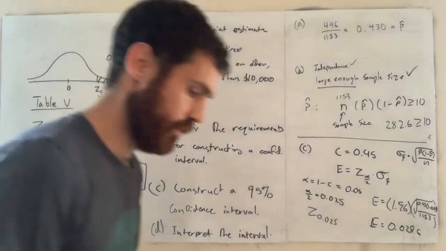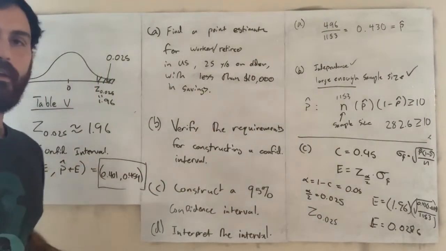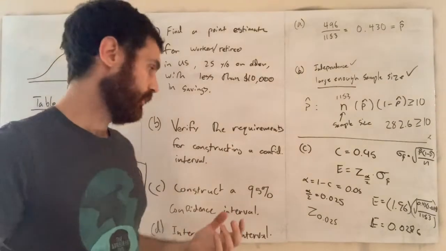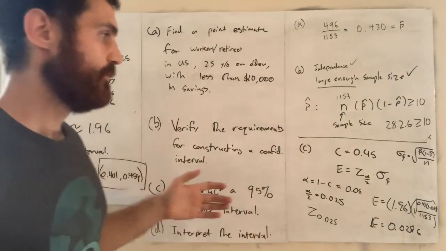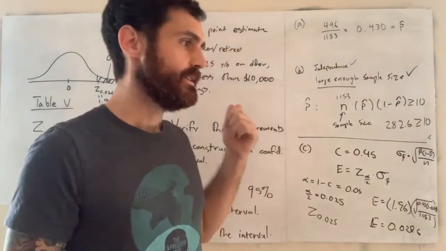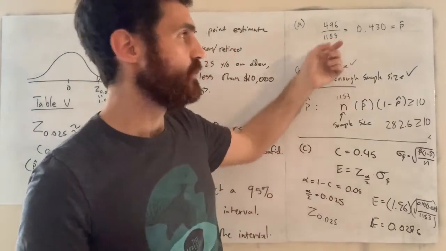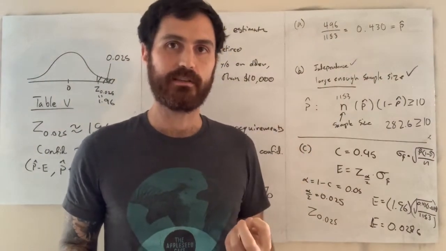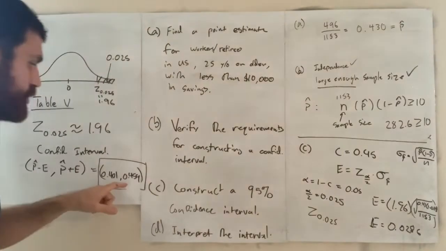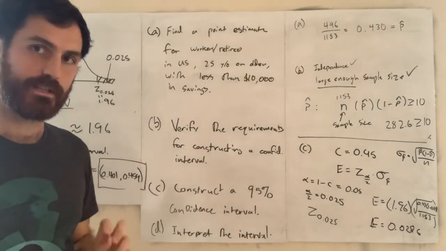And so remember, the confidence interval is the interval where, if you use similar intervals with the same length and you come up with different point estimates from different samples, you're going to capture the actual parameter 95% of the time.